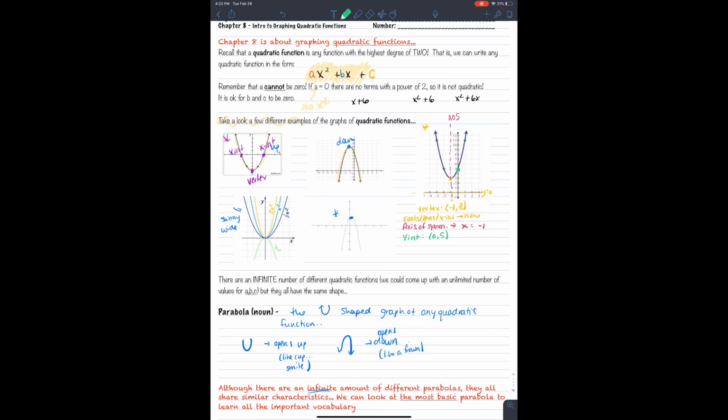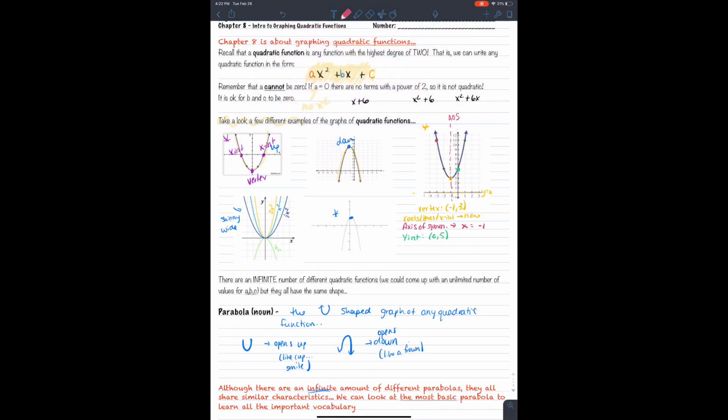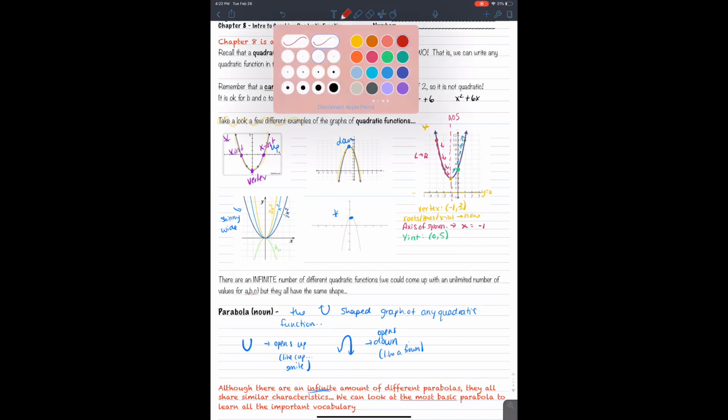Now I want to ask myself, when is this function increasing or decreasing? I always start on the function, and if I move left to right, I'm going to go this way. So here I'm going down, still going down, still going down. Here's where I switch. After that vertex, I'm going to start going up. So when is my graph decreasing?